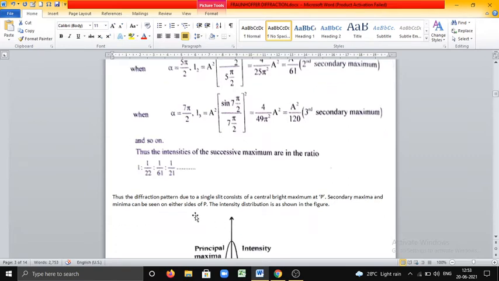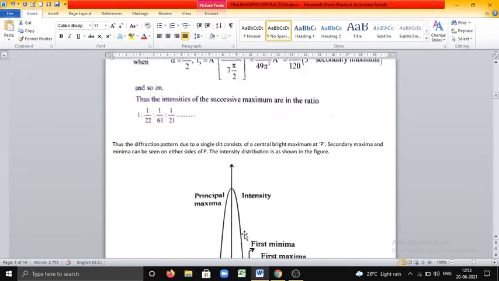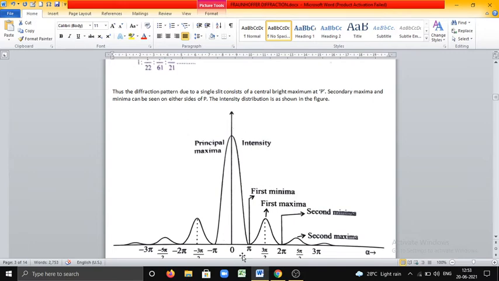Hence, the diffraction pattern due to a single slit consists of a central bright band. In Fraunhofer diffraction at a single slit, it consists of a central bright maxima. This is called principal maxima, and secondary maxima and minima on either side of this central maxima are produced.